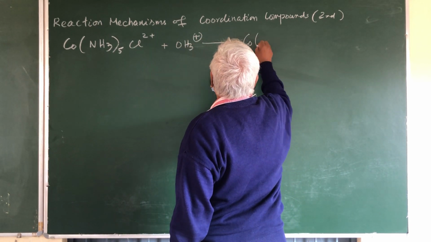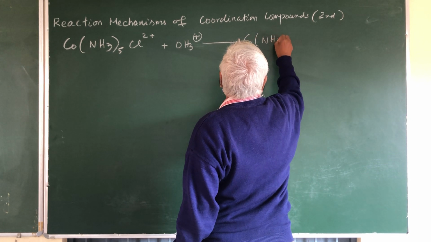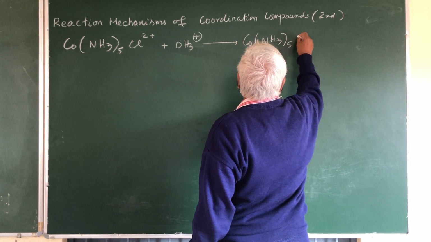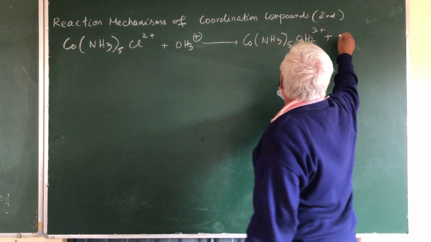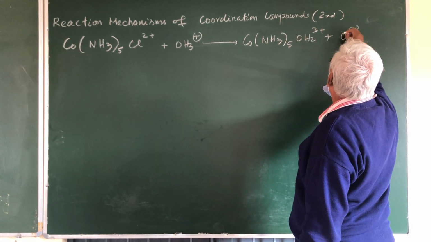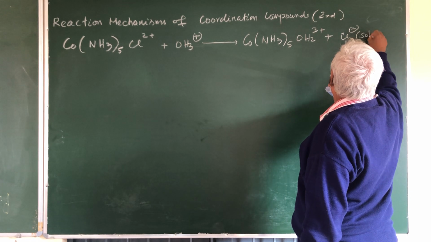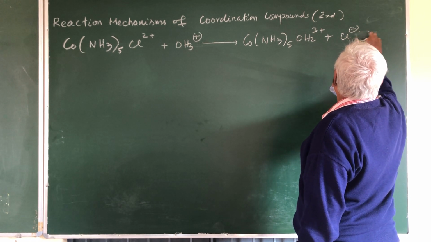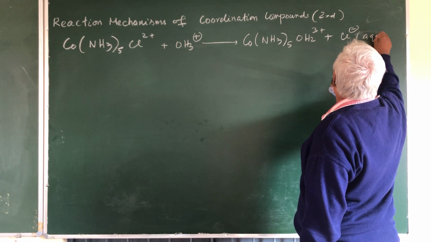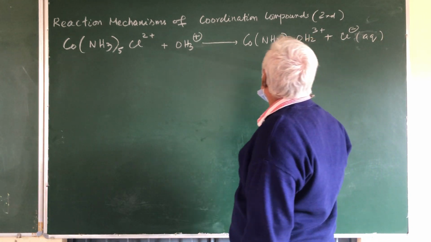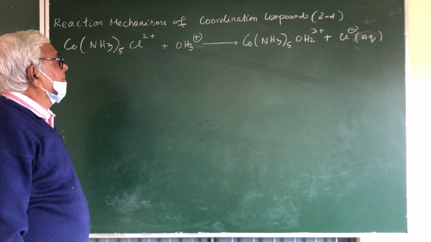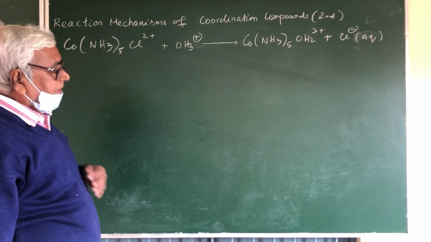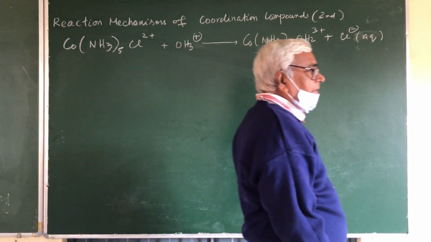The product is pentaammineaquacobalt ion and chloride ion. So what should be the mechanism of this reaction?